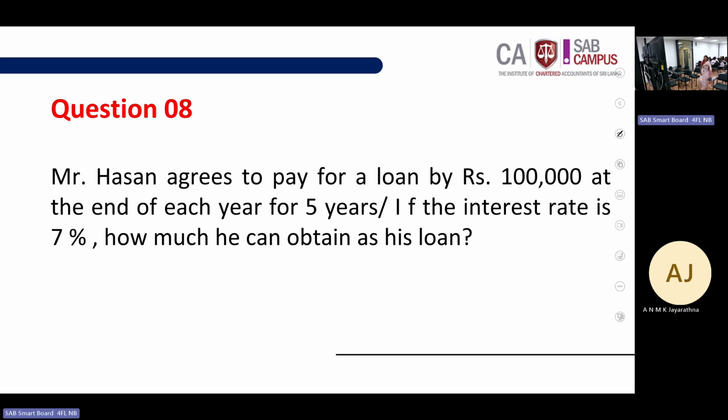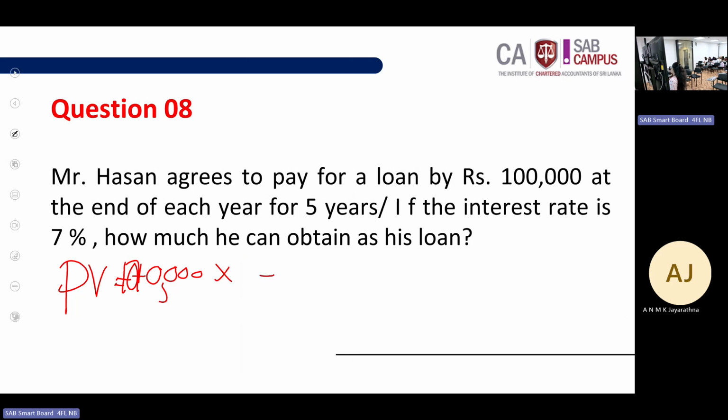In calculating, I will write the formula here. Present value equals 100,000 multiplied by, look here very carefully, 1 minus 1 divided by 1 plus r, where r is 0.07, to the power of how many years? 5 years.